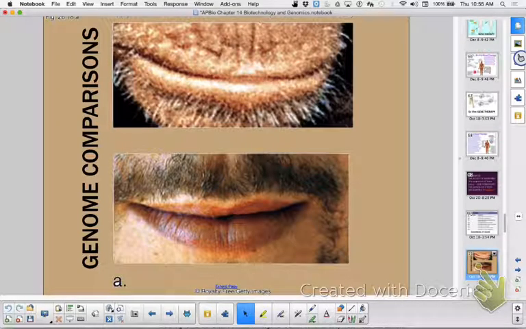You could take a newly discovered species where you're not 100% sure where it fits in phylogeny, take a sample of DNA from them, put it into the data bank, and have it go boom, and it will tell you how much of the DNA is similar, just like that.